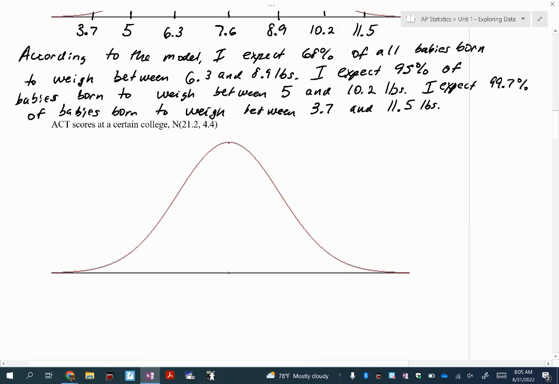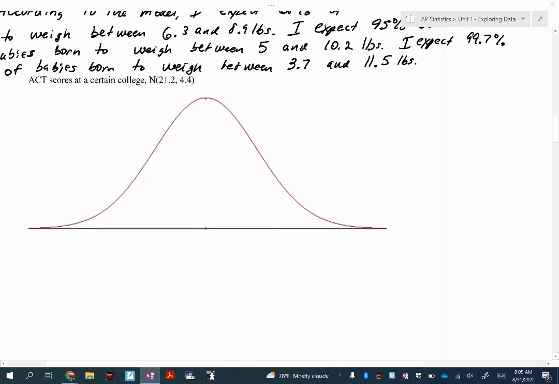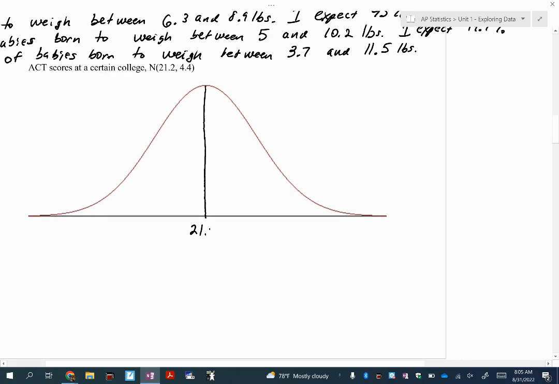Okay, let's do the same process, but with ACT scores. I'm going to go a little bit quicker here since it's the same thing, just with a different context. So 21.2 is my center, my mean. I'm moving 3 standard deviations above and 3 standard deviations below. So I'm going to take my mean of 21.2 and add 4.4 to it 3 different times.